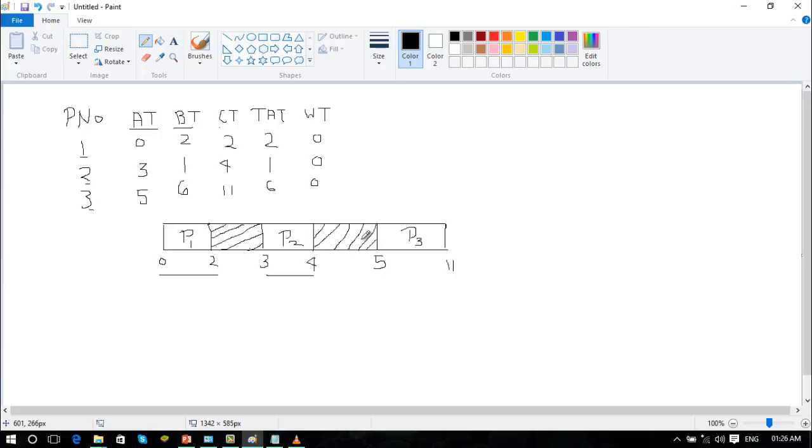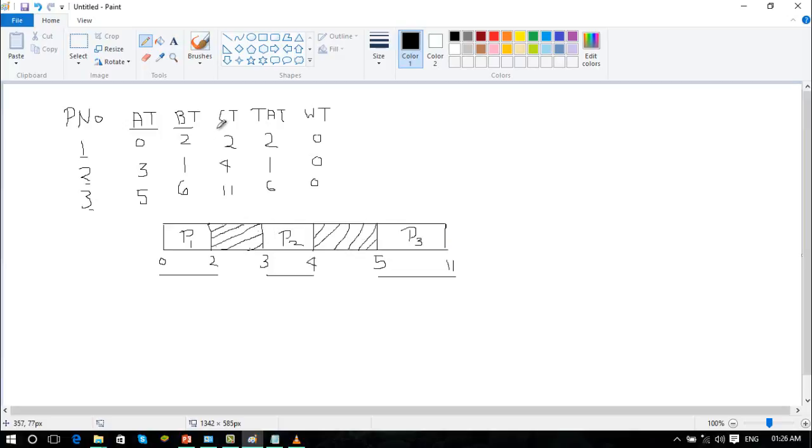P3 finishes at 11 microseconds. The total schedule starts at 0 and finishes at 11 microseconds, but it waits 2 microseconds in the middle. Just be careful: whenever picking the next process, check whether it is available or not.